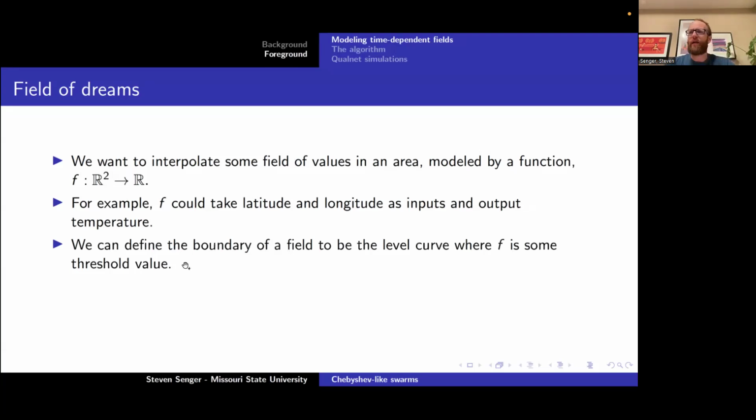Now I'm going to make a simple assumption, an assumption to simplify things, and we'll see some diagrams that'll hopefully reinforce this. I'm going to define the boundary of a field to be the level curve where F is less than some threshold value. So what does that mean?